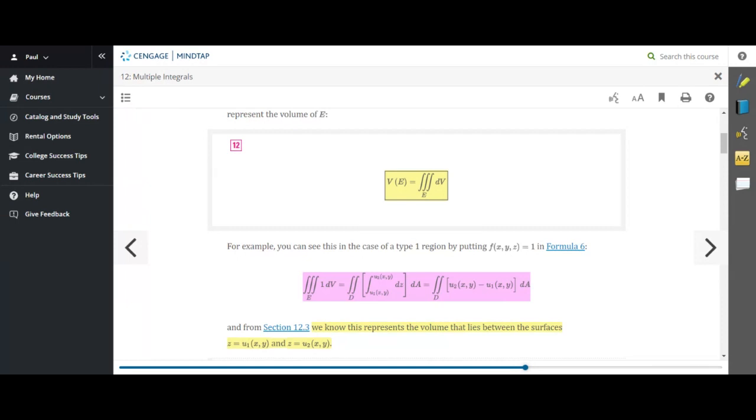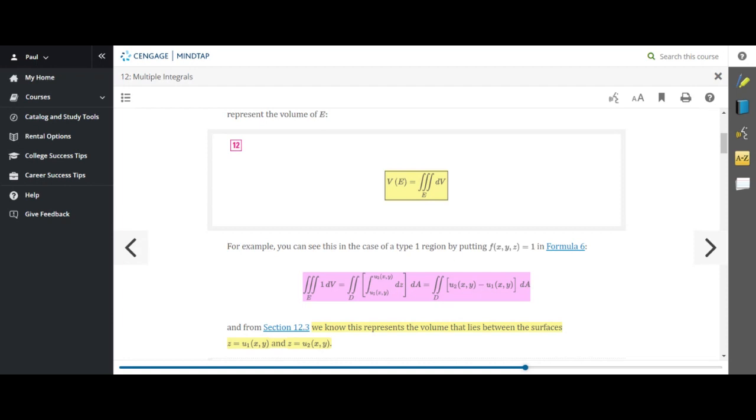Now, what we're going to learn next, after we take a little break here, is the concept of center of mass for a solid of variable density.